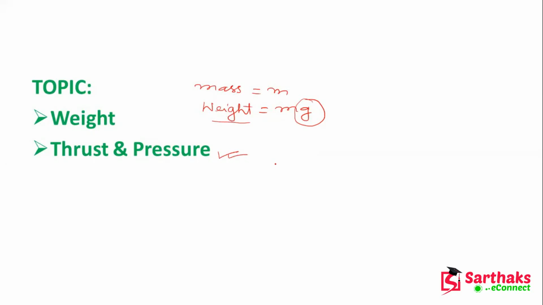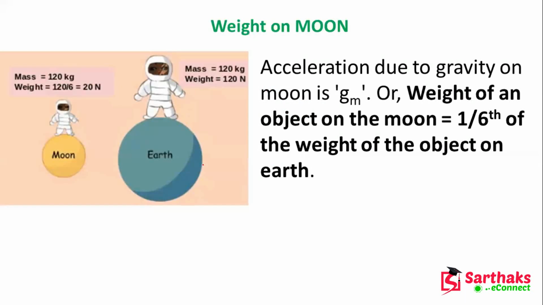Thrust and pressure. First we are seeing in this picture one person on the earth. He has a mass of 120 kg. A similar mass he has on the moon. The weight of this person on the earth is 120 Newton, but the weight on the moon is 20 Newton.